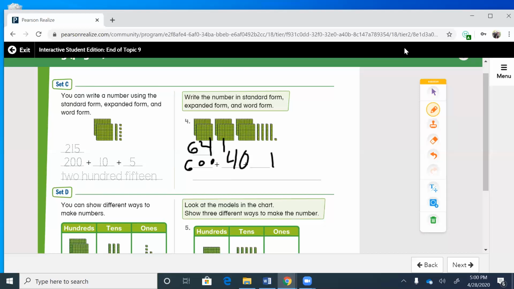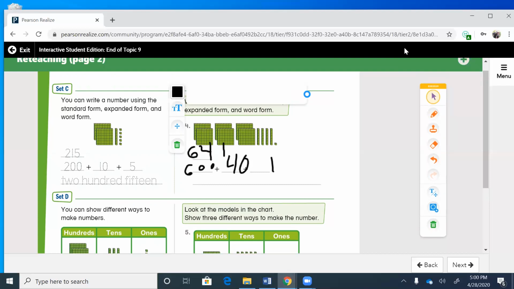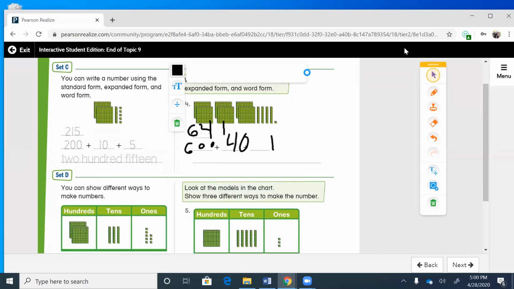Now for the word form, I need a text box. Oh, come on. I need the text box down here. Let's see, I'll try it again. The text box down to the bottom. I'm sure there's probably some simple way that I can do this.